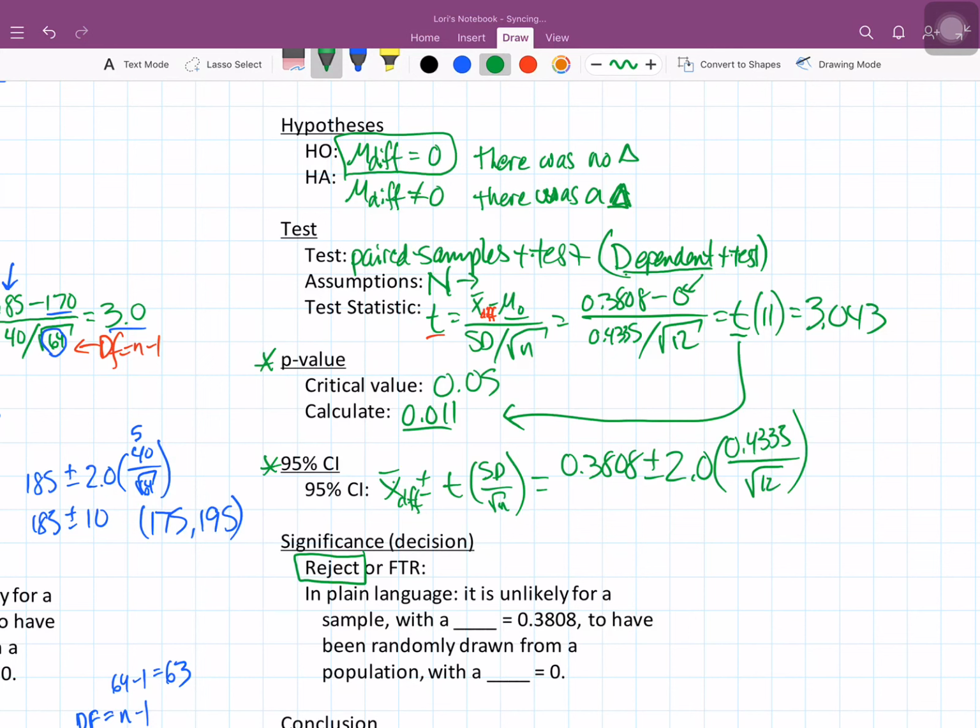So what we end up with is a confidence interval of 0.1054 to 0.6563.